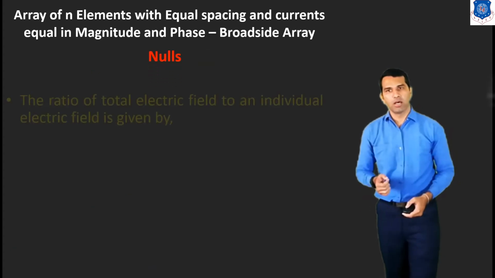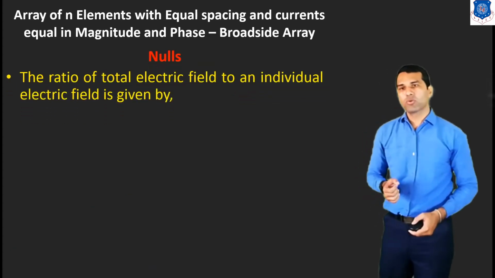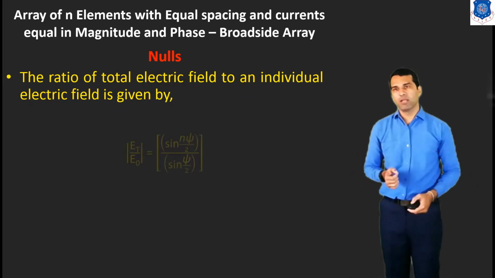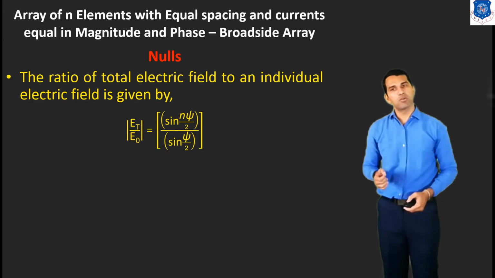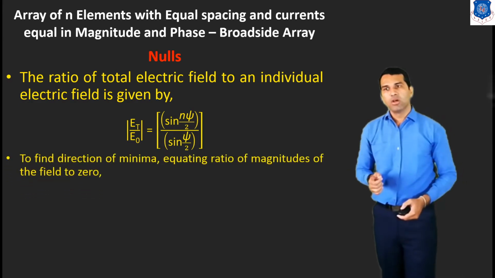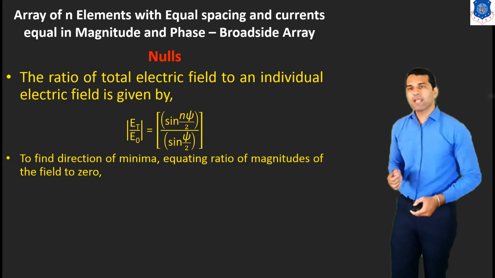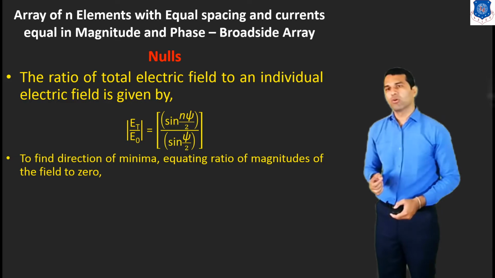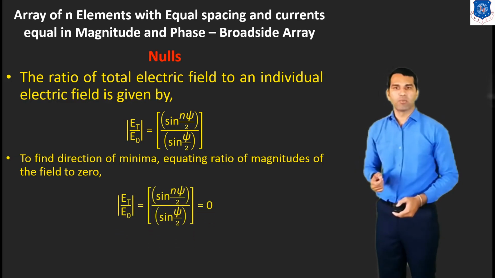Same for the nulls. The ratio of total electric field to an individual electric field is given by Et by E0 is equal to sin n psi by 2 upon sin psi by 2. To find the direction of minima, we equate the ratio of the magnitude of the field to 0.